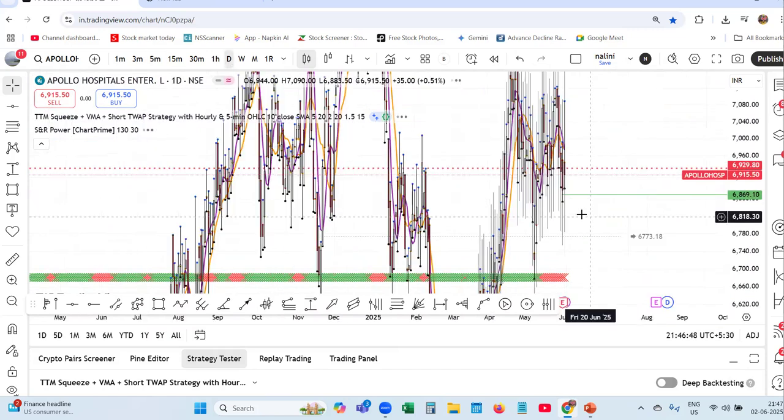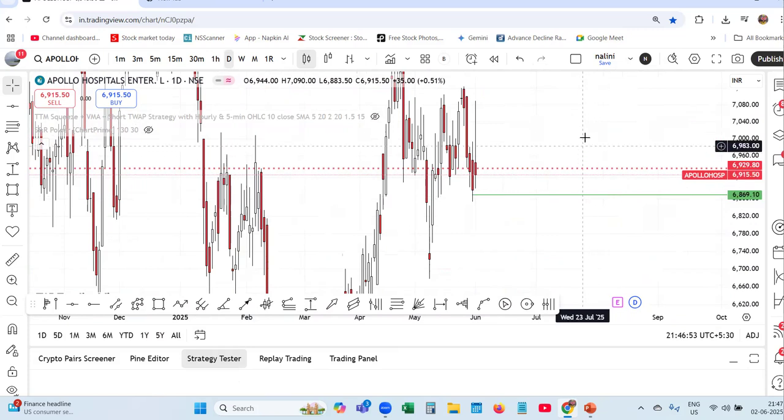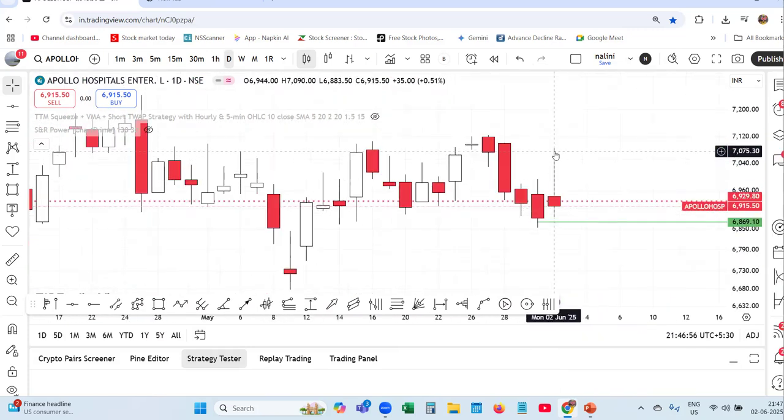If we go to the daily chart, let me hide all the indicators, then you can see on your own, this is actually a trap. It has closed below the open, though it is a higher close than the previous day.